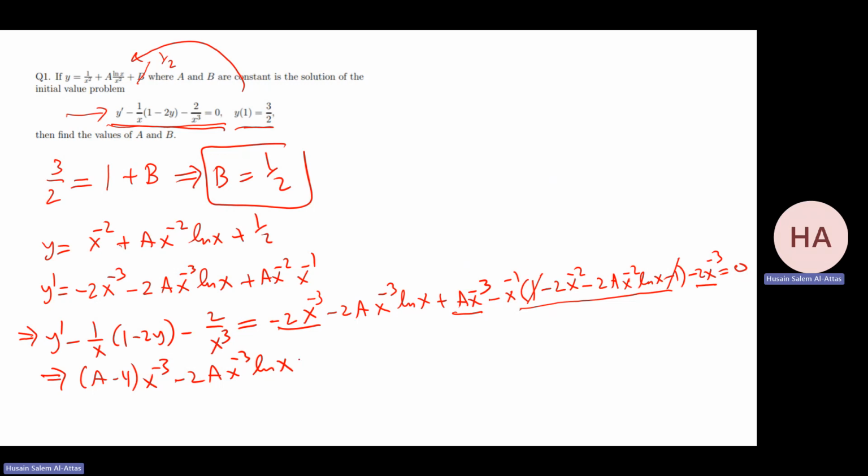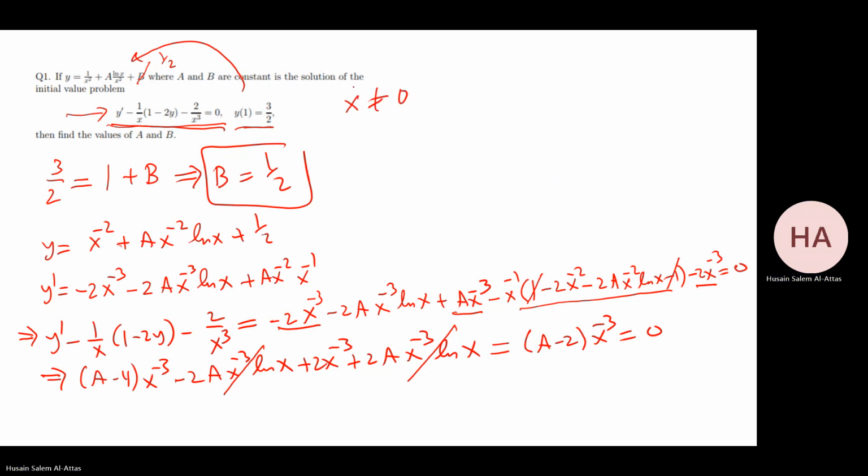I have plus 2x to the power minus 3, plus 2A x to the power minus 3 ln x. This is gone. So that gives me A minus 2 x to the power minus 3 equals 0. And by the way, x is not equal to 0, the function is not defined at x equal to 0. So for sure, that means A equals 2. So this is A and this is B.